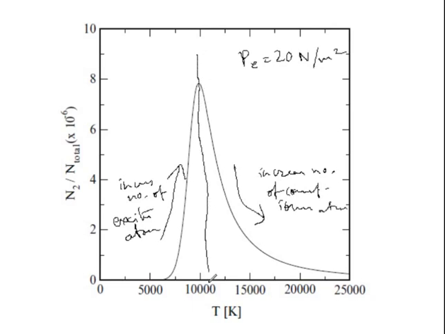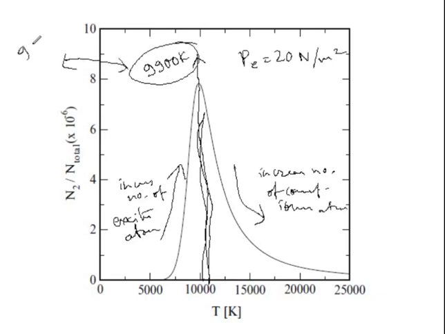And where does the peak come? Well, you will be amazed to know that this peak comes at around 9900 Kelvin. Hooray! So this is very much close to the observed value of 9000 Kelvin.